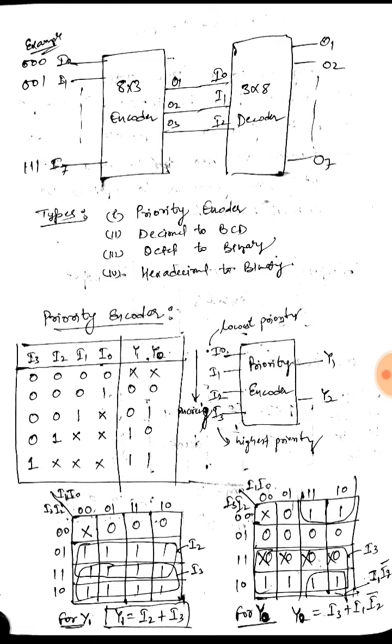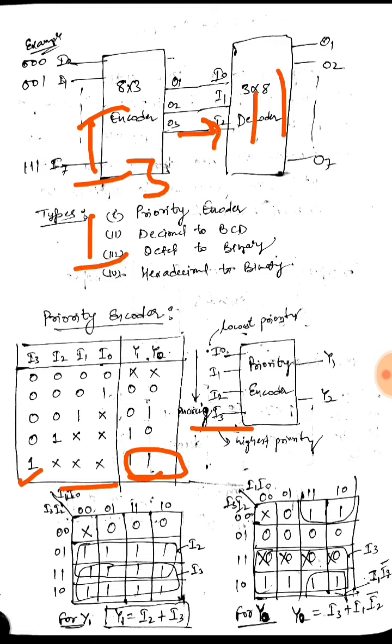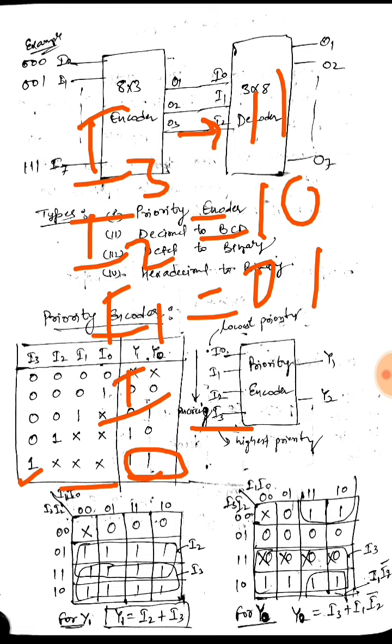Okay, so let's see, if I3 is high, no matter what I0, I1, I2 are, high or low, the output would be 1 1, because I3 would be represented as 1 1, I2 would be represented as 1 0, I1 would be 0 1, and I0 would be 0 0.